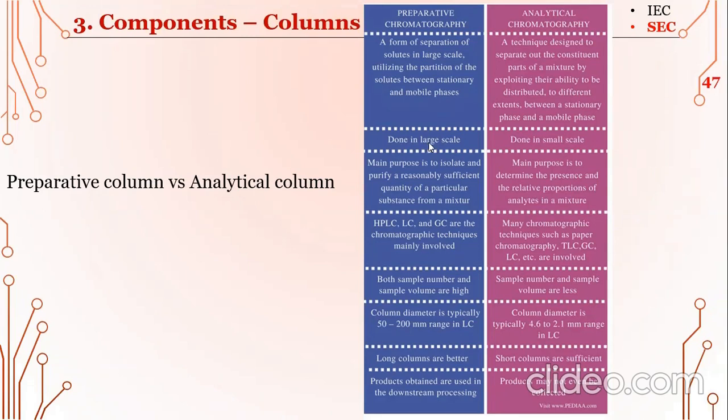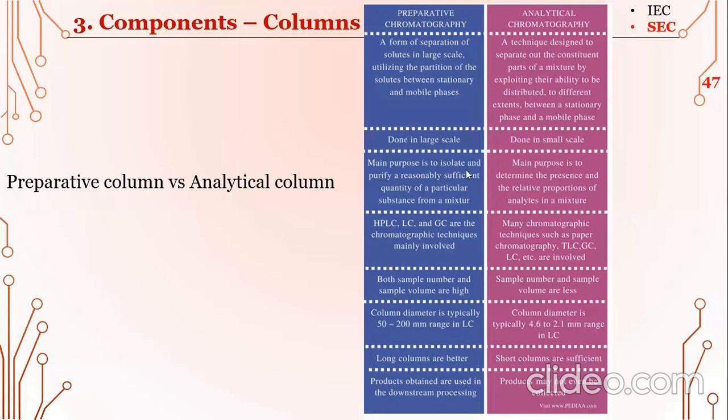If we want to do chromatography on a large scale, go for preparative chromatography, a preparative column. If we use chromatography on a smaller scale, use analytical chromatography or an analytical column.